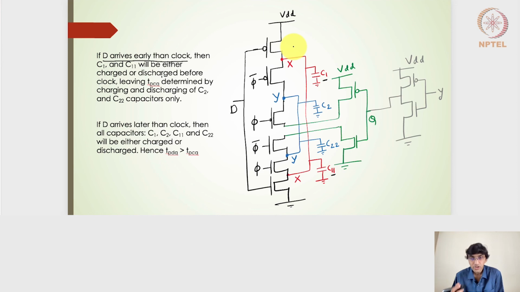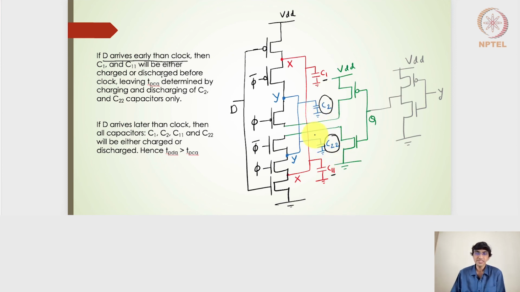And whenever the clock arrives, before the clock leaves, C1 and C11 will either be discharged or charged, so the propagation delay from clock to Q is determined by the charging of only C2 and C22.